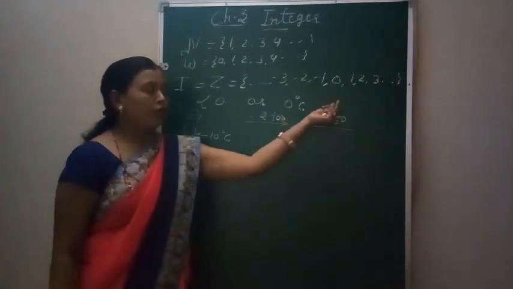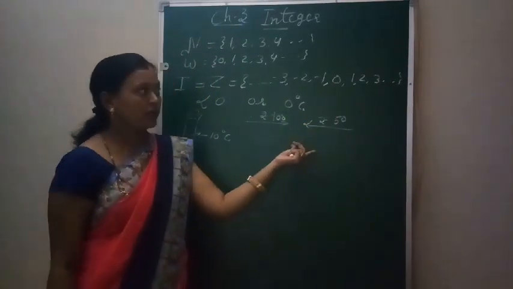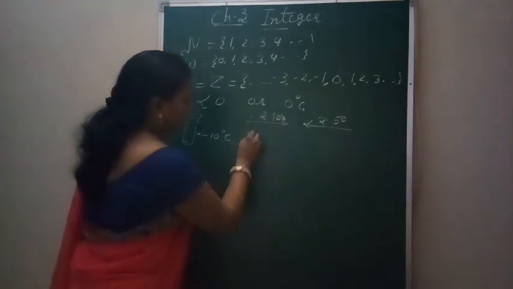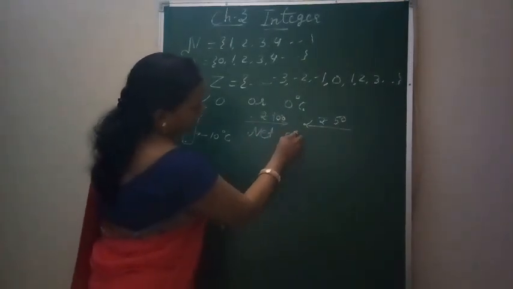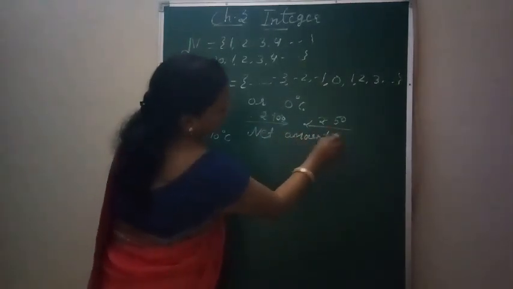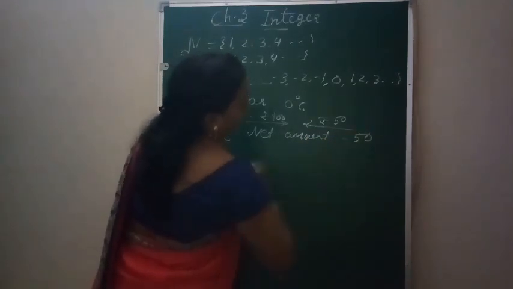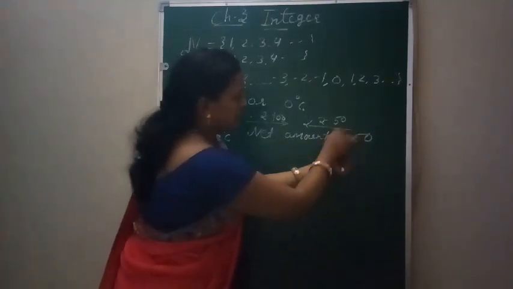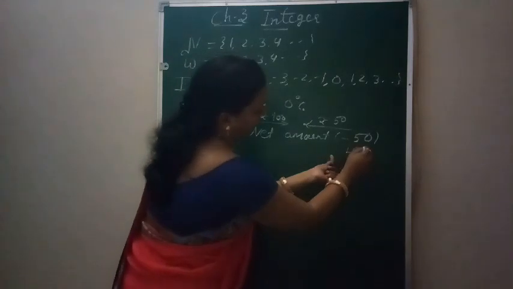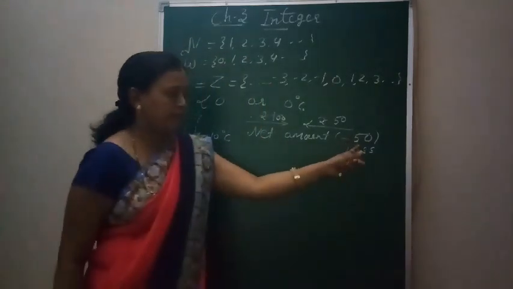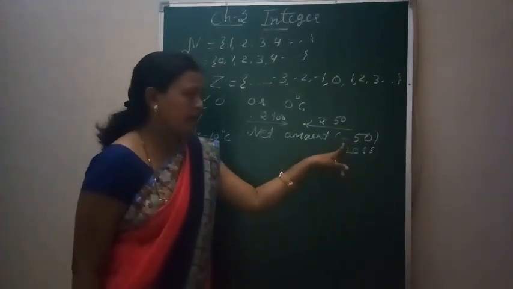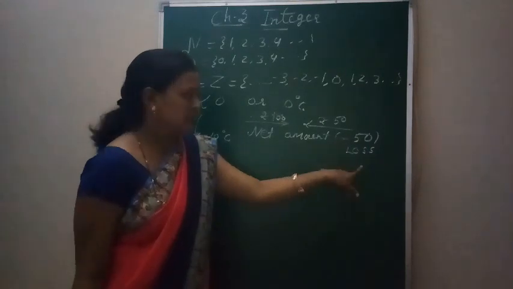So what was the net amount you had? The net amount is -50. Why do we say -50 here? You have a loss of 50 rupees. That's why we use the minus sign here.